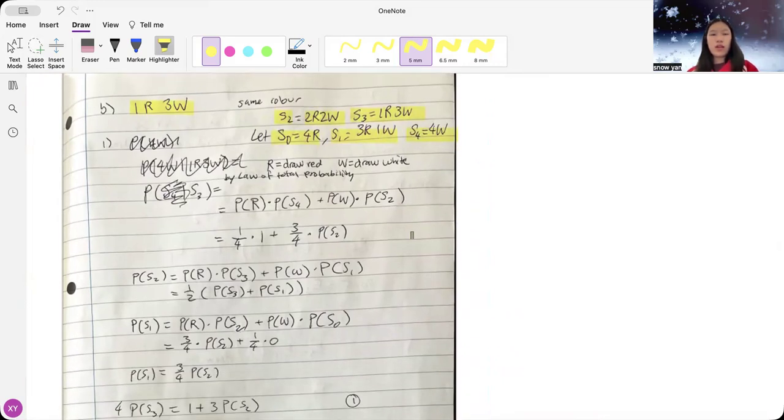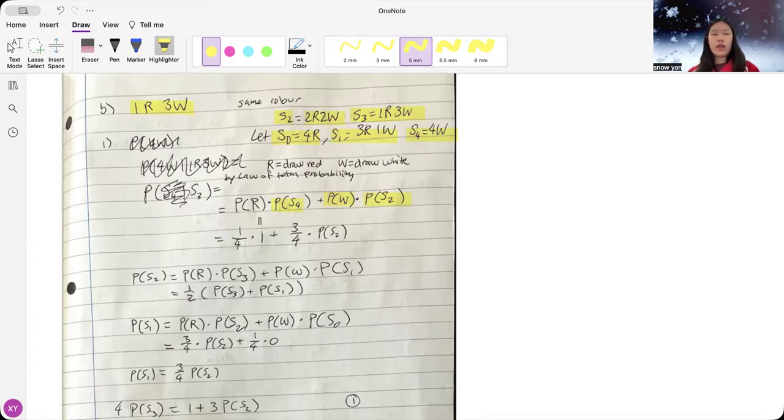So I know that by the law of total probability, the probability that I can win at S3, not win, but just get to the state I need, is the probability that I get red at this point times the probability that S4 wins at that point, plus the probability of getting the white and then winning at S2.